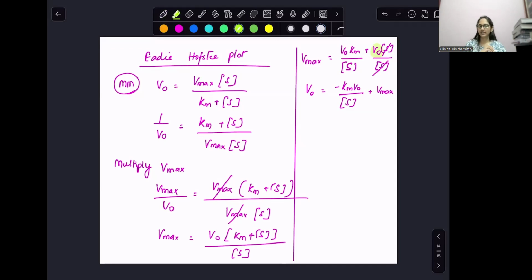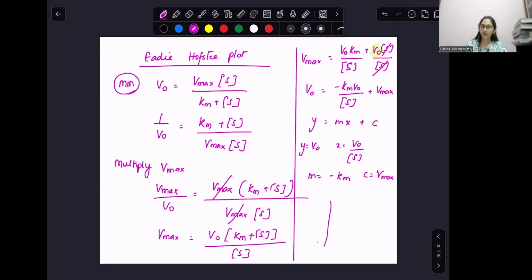So you will get a minus sign for it, plus V max. So this is the equation. So now this is my y is equal to mx plus c. Now here y is equal to V0, x is equal to V0 by S, m is equal to minus Km and c is equal to V max.